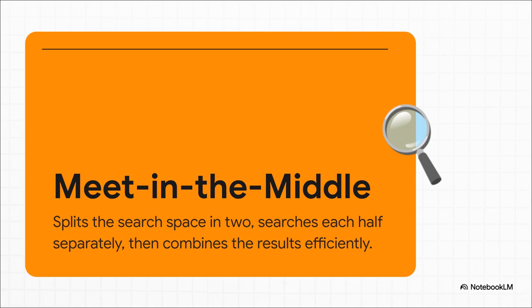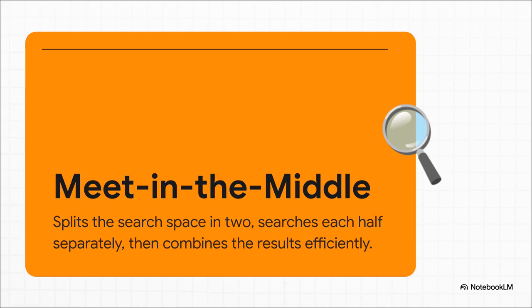Then you do a search on the second half, and here's the magic. You then efficiently combine the results from the two halves. What this does is it turns an O(2^n) complexity into O(2^(n/2)), which, trust me, is a colossal improvement. For something like n equals 40, that's literally the difference between the code finishing in a few minutes versus running for a few years.